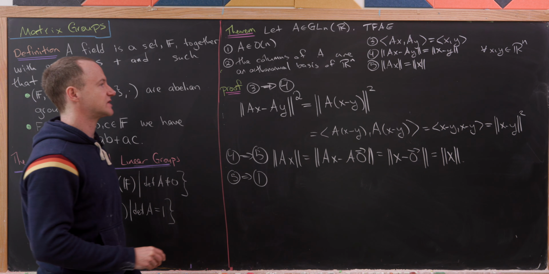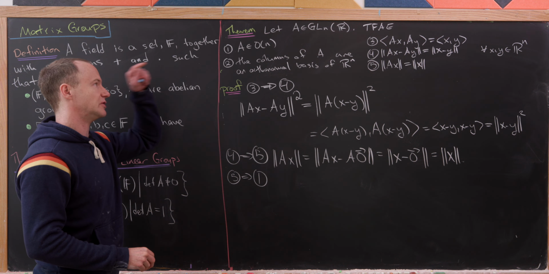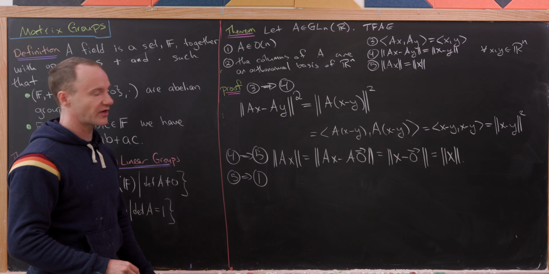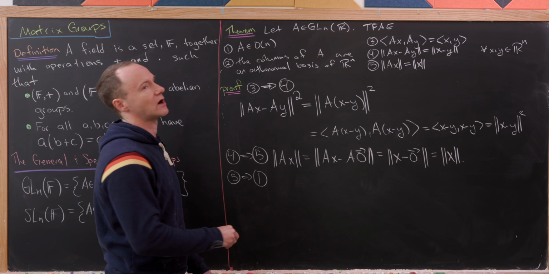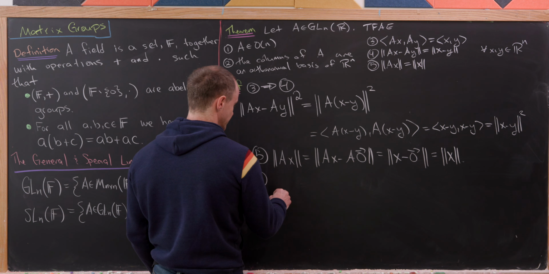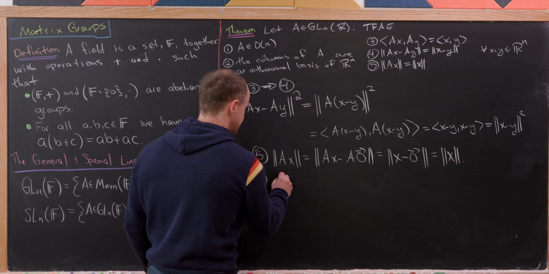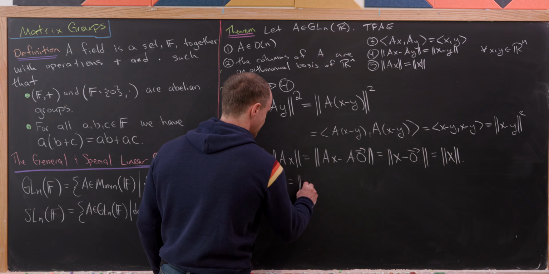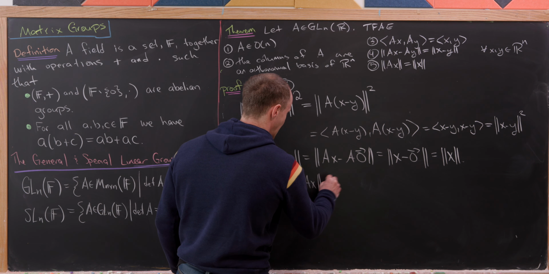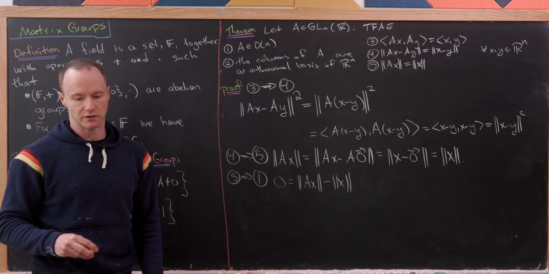Let's assume that we know 5 is true, and then we want to show that A is an orthogonal matrix. So observe, if 5 is true, then we know 0 is the same thing as the norm of Ax minus the norm of x, just subtracting the norm of x over.